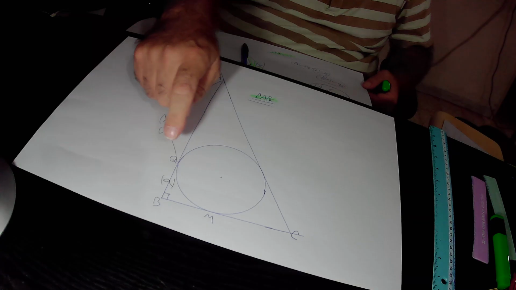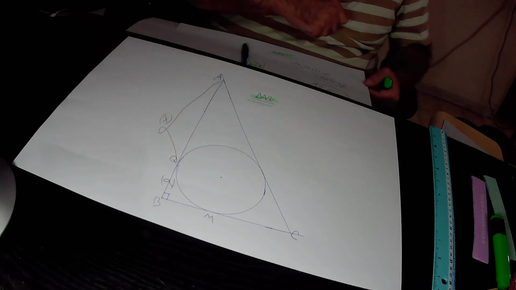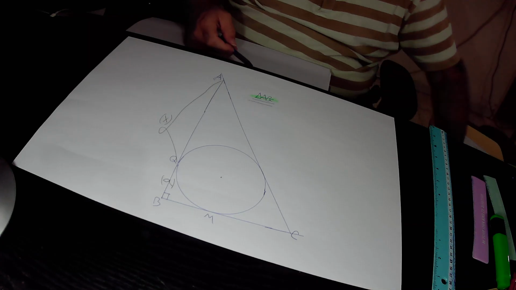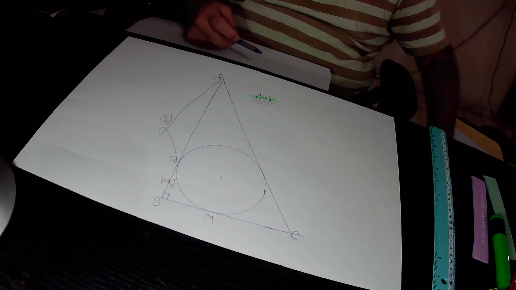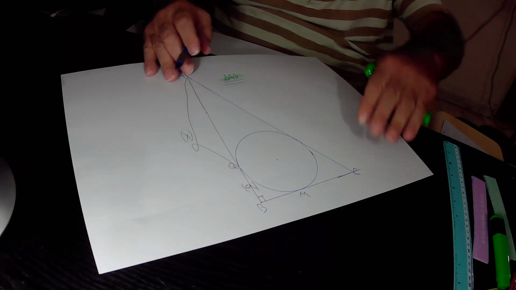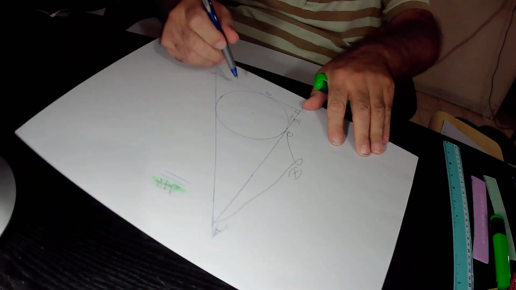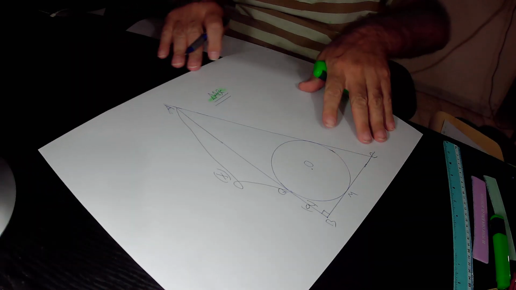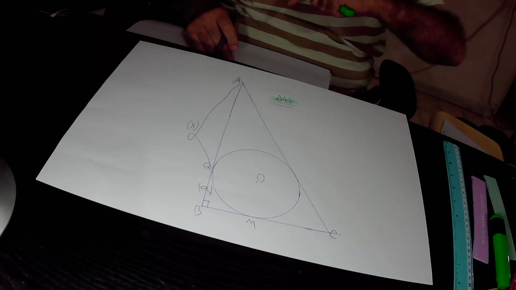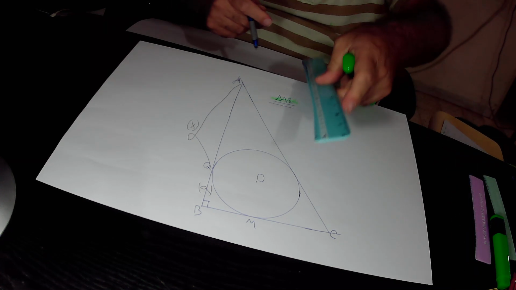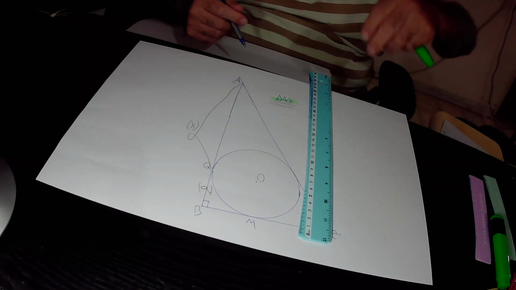Point M is the point of tangency of tangent BC with this circle. In the next step, we define the center of this circle. This point is point O. And we join points O and M together by a straight line. We define the radius of this circle as R.